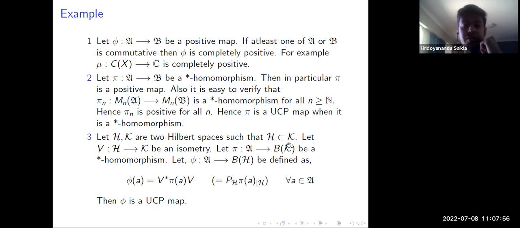When we identify H as a subspace of the Hilbert space K, then phi of a takes elements from the Hilbert space H and gives you an element in the Hilbert space K, and now you can project it back onto the Hilbert space H. Now we can verify that maps like this are also completely positive.